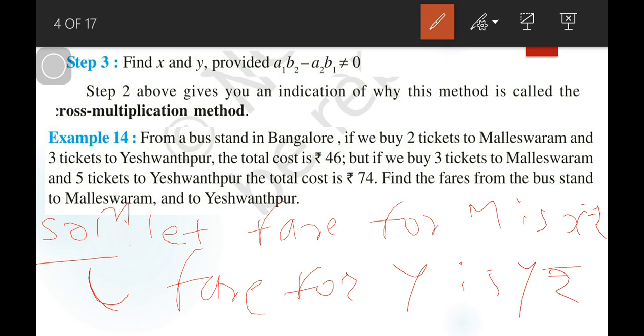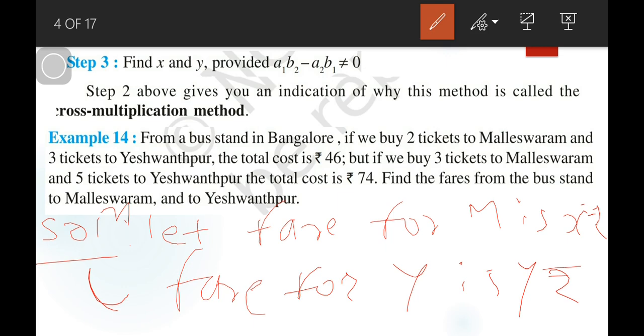So first we denote that let fare for Malleshwaram is x rupees and fare for Yeshwantpur is y rupees. It is the cost of one ticket.